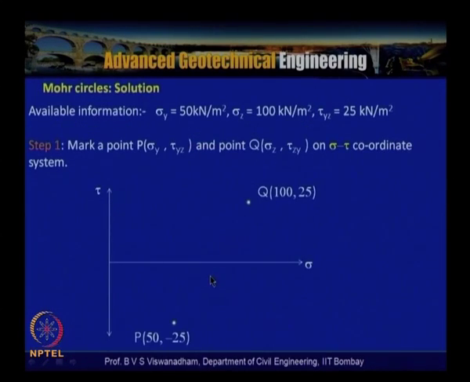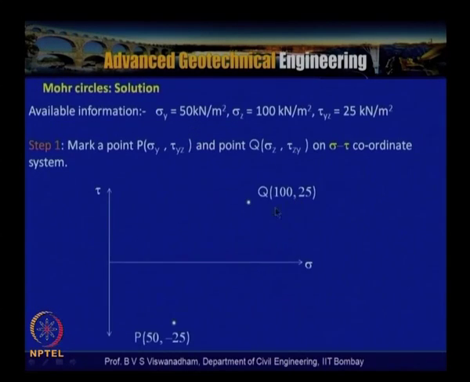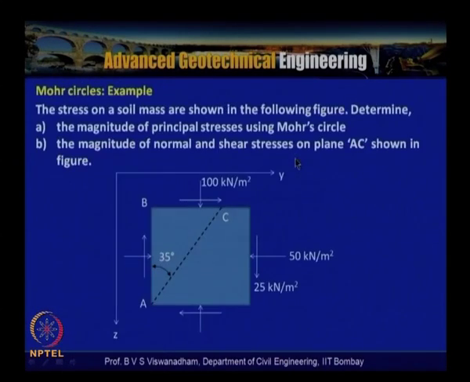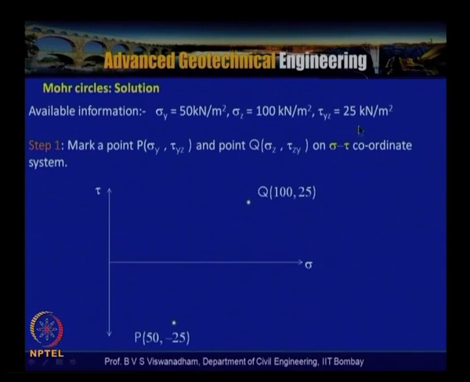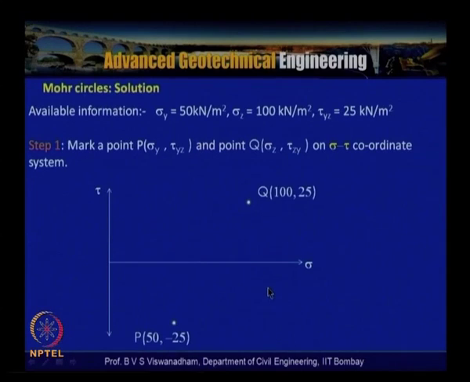So, the available information is that sigma y, that is the stress acting in the horizontal direction, is 50 kilonewton per meter square, and sigma z is 100 kilonewton per meter square, that is the stress in the z direction, and tau yz, the shear acting on this plane, is 25 kilonewton per meter square.